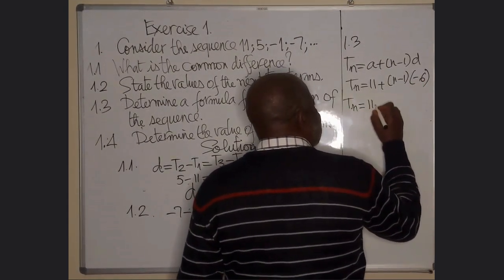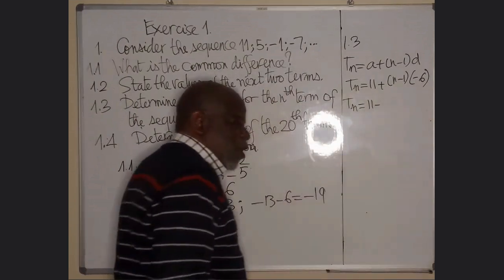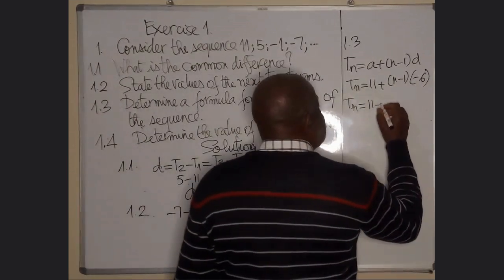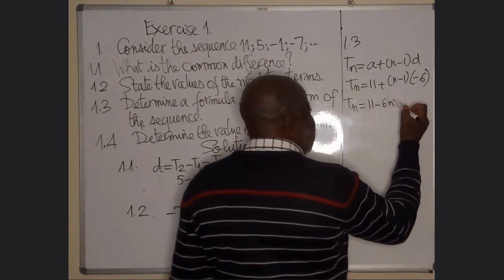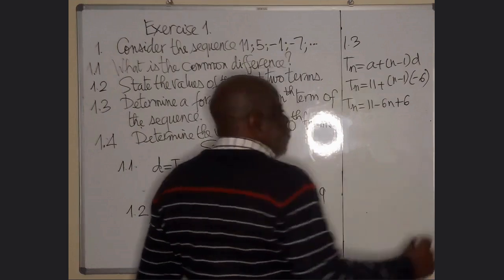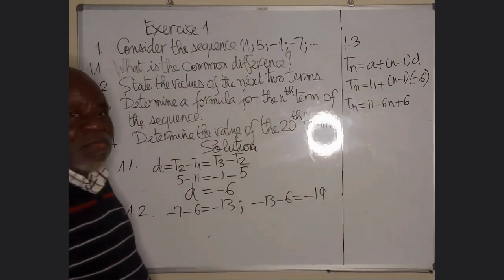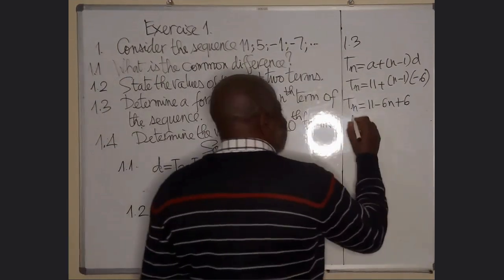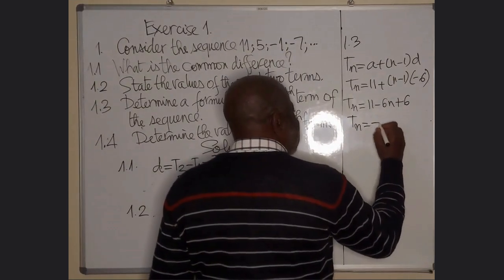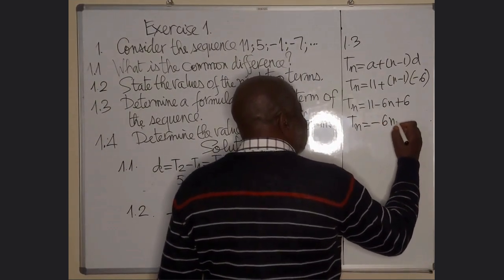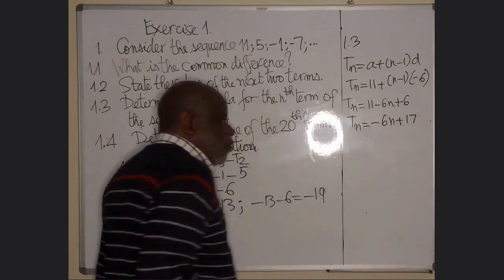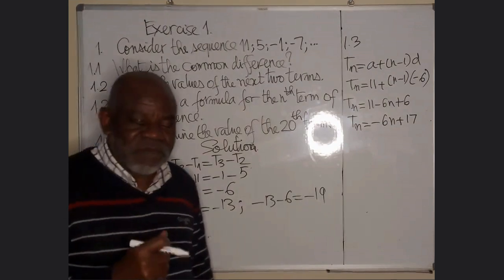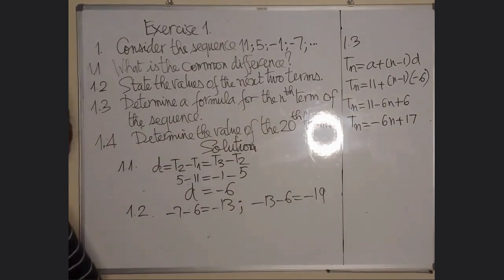Tn will be equal to 11, negative 6 times n, we get negative 6n, and negative 1 times negative 6, we have plus 6. So the formula for the nth term, Tn, will be equal to negative 6n plus 17, because 11 plus 6 we get 17. That's the answer for question 1.3.